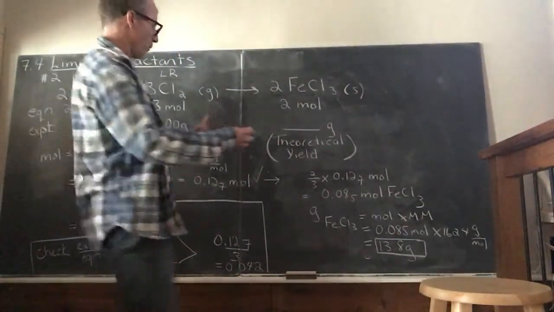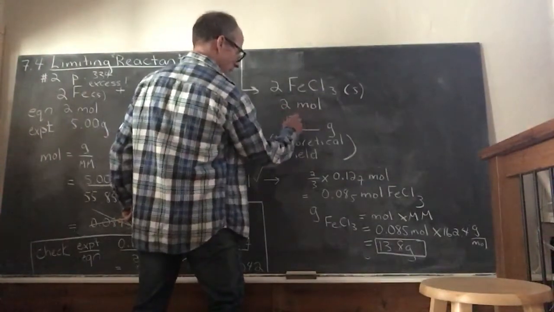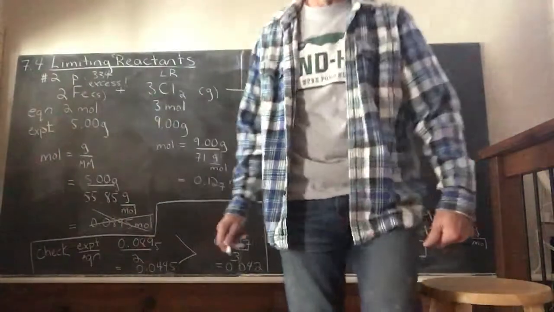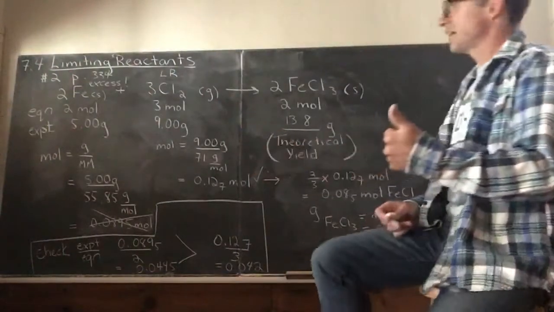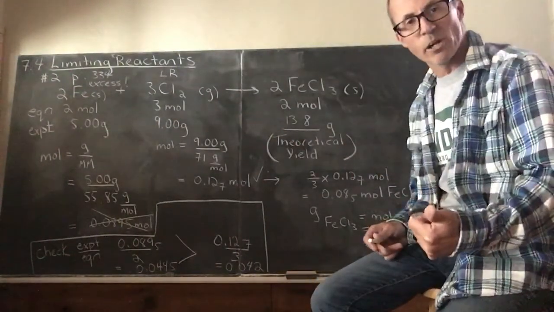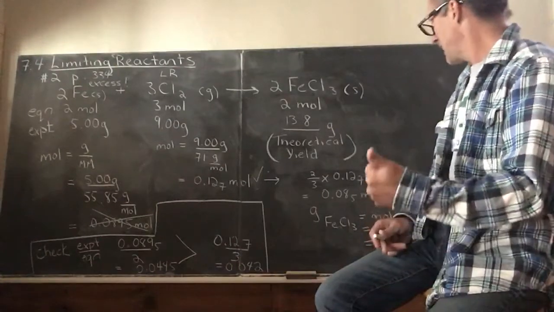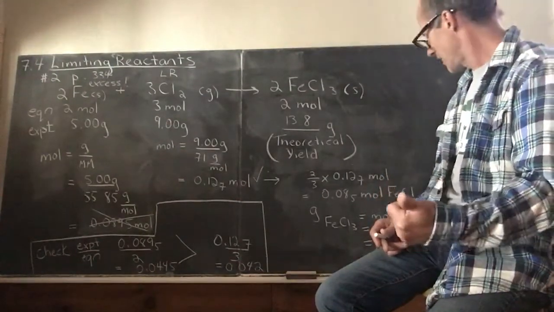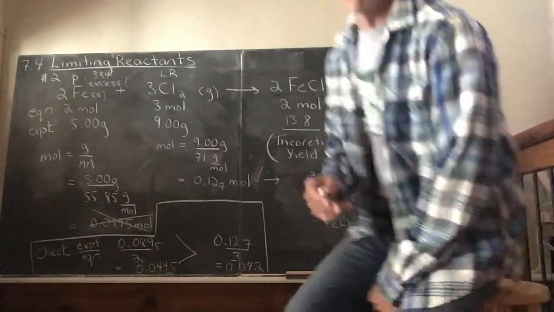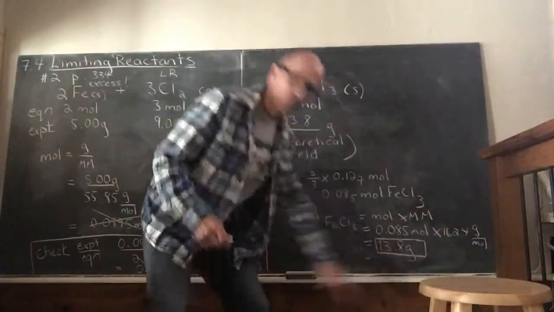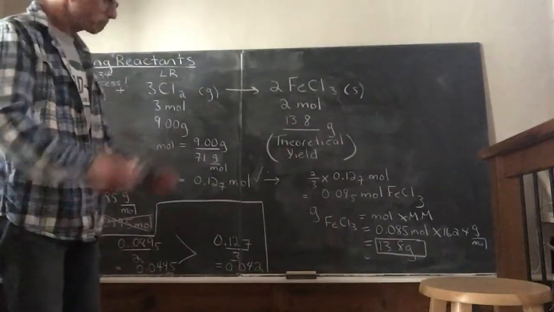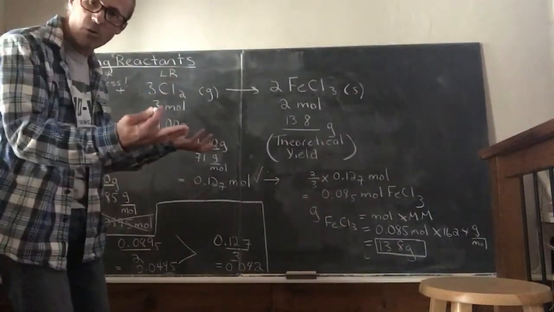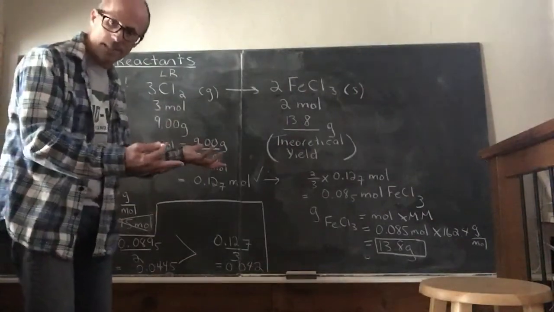So we can finally say that the limiting reactant in this problem is the chlorine. The iron's in excess, it's no longer important to us, and because of the limiting reactant being important, we can calculate our theoretical yield, which we decided was 13.8 grams. And that's all there is to it. Your very typical limiting reactant problem.